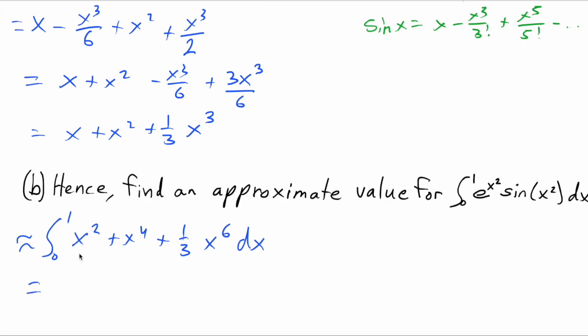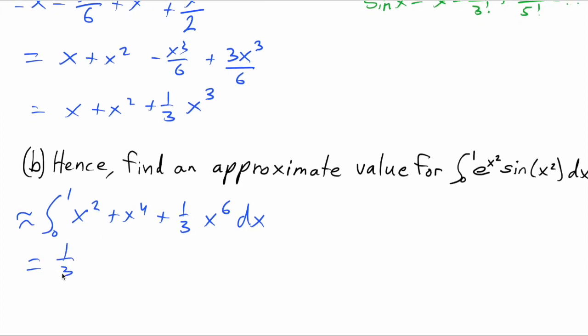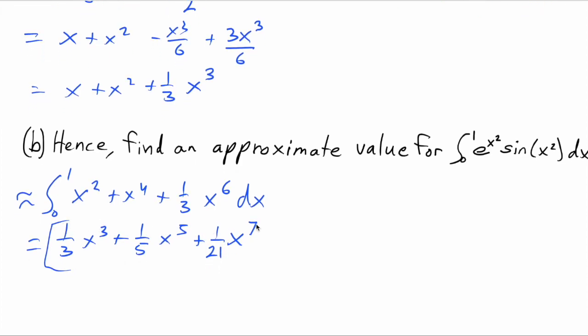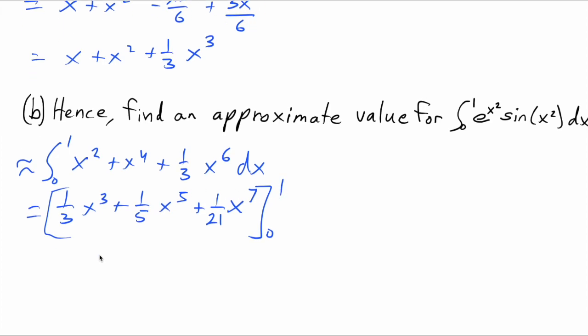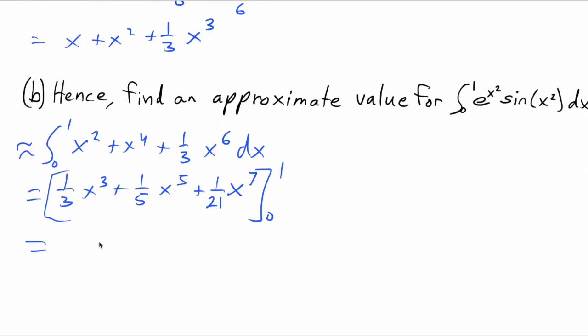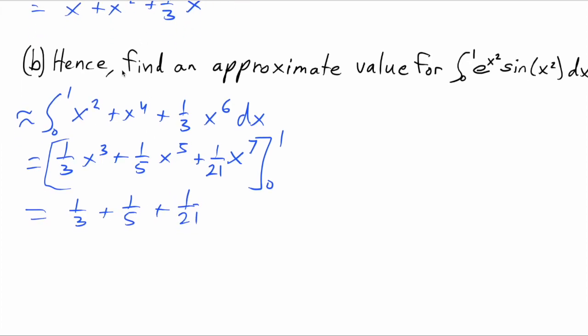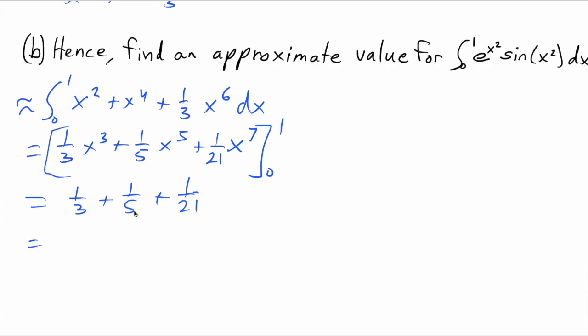So let's find that integral. We get 1/3 x cubed plus 1/5 x to the power of 5 plus this becomes x to the power of 7, and we divide by 7, so we're going to get a 1/21. We need to evaluate it from 0 to 1. So you plug in 1 to all of this, you just get 1/3 plus 1/5 plus 1/21, which we have to add together and get a common denominator.